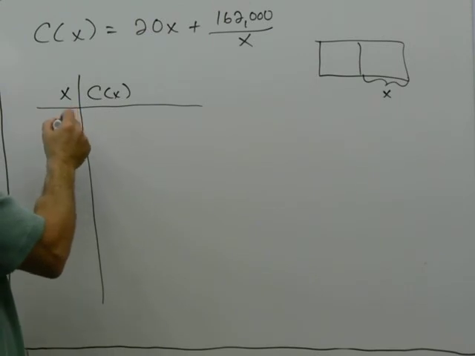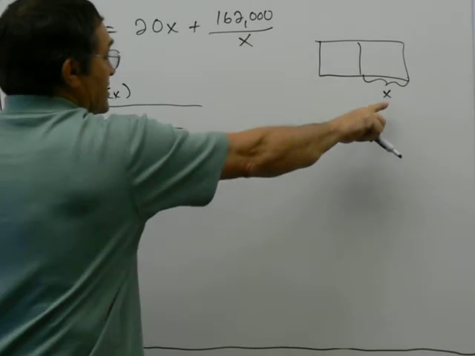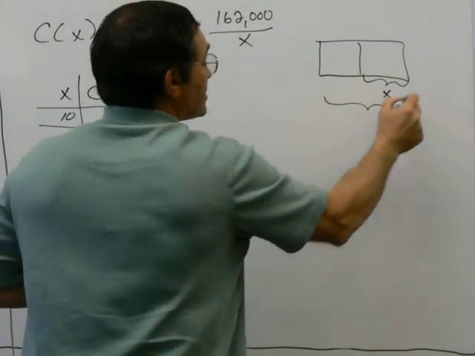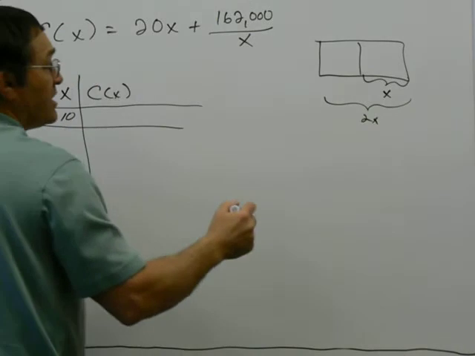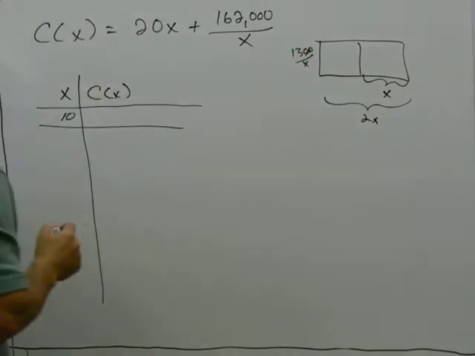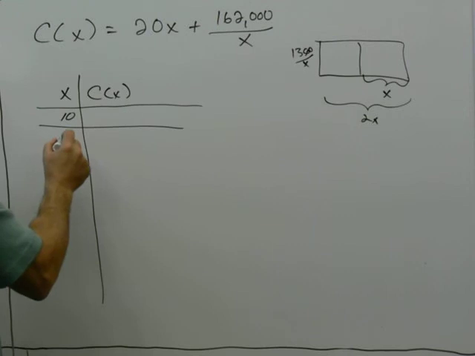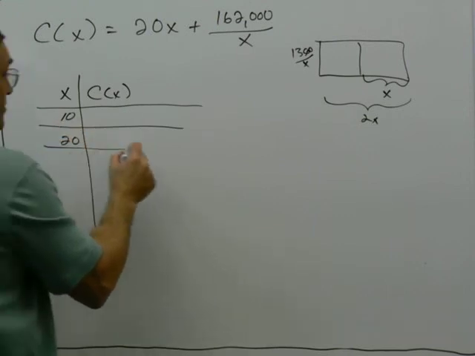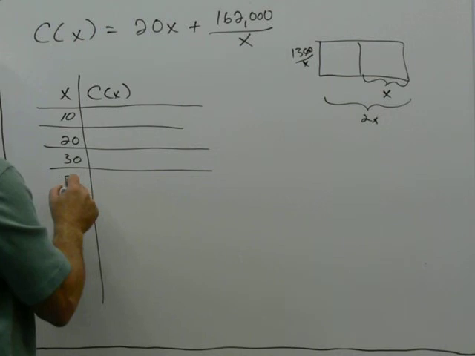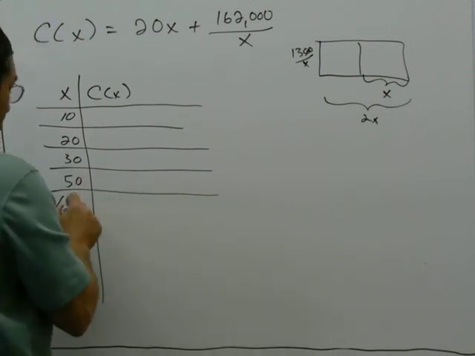And you've got to let x equal something. Let's just take some small numbers like 10 feet for this distance x. This whole distance here is 2x, so it would be 20 feet. And remember, this is 13,500 over x. So let x be 10 feet, 20 feet, 30 feet, 50 feet, 100 feet.